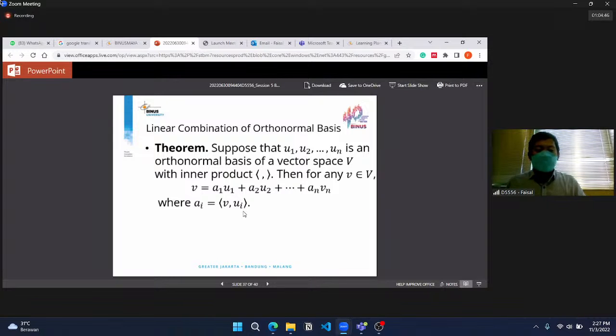Okay, now next we look at the properties of an orthogonal basis.